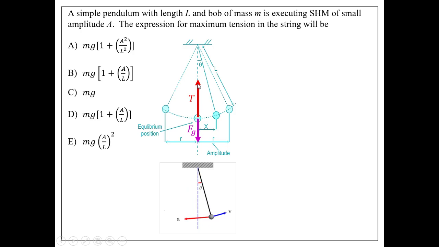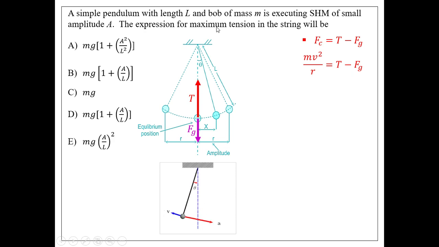T is greater, pointing upward, and F of G is pointing down the page. So here, I'm going to say that net force at the lowest point is your centripetal force. So centripetal force here is just tension minus F of G. I subtract these two quantities because they're pointing in opposite directions. So the net force is really your centripetal force here. So here, I'm just going to break up F of C into mv squared over r. And then on the right side, I haven't done anything.